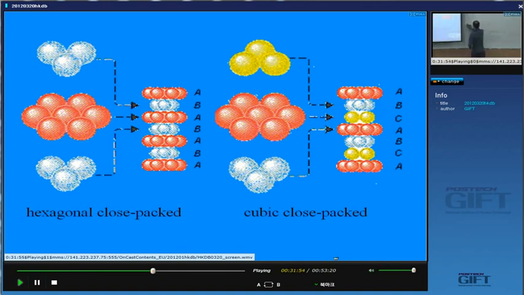To change the stacking sequence, we need dislocations whose Burgers vectors are not lattice vectors. That means when you operate the dislocation, it will change the stacking sequence. Normal slip doesn't change the stacking sequence because the Burgers vector is the lattice vector. It moves from one position to another identical position. But what we want is a partial dislocation. So if I draw out that close-packed plane, close packing means the atoms touch each other.